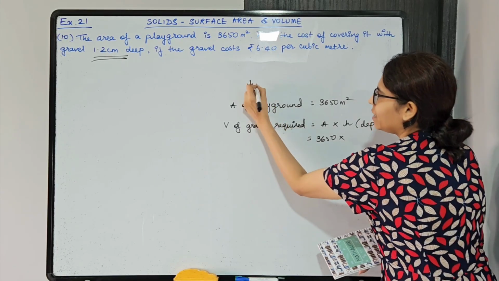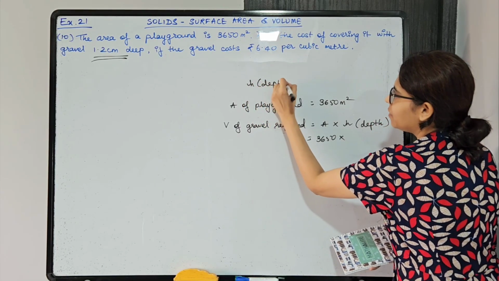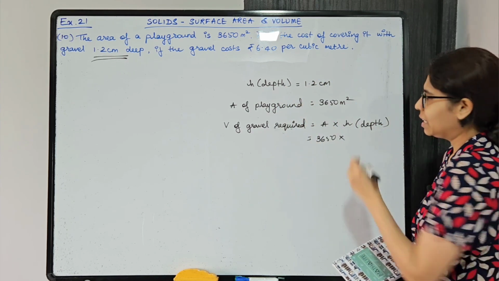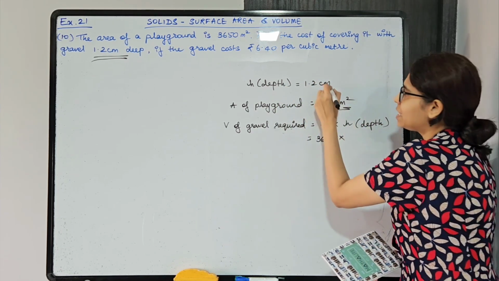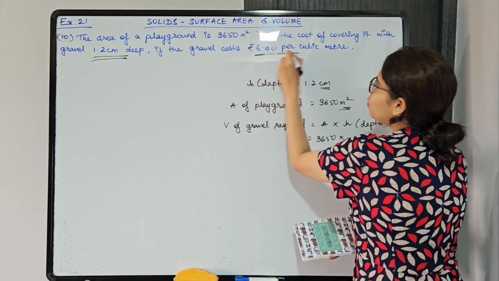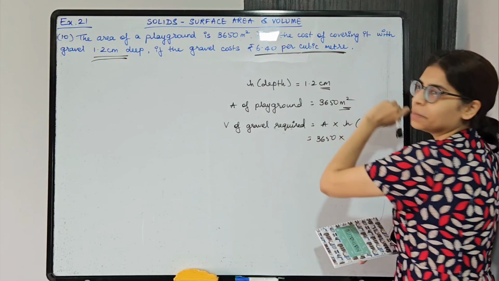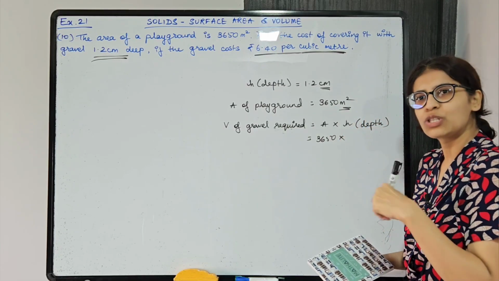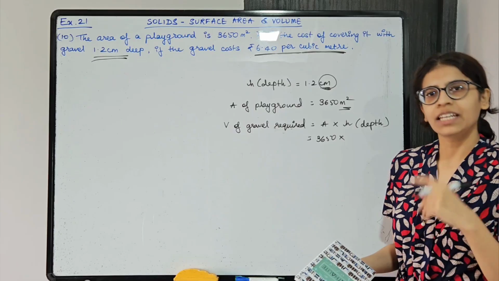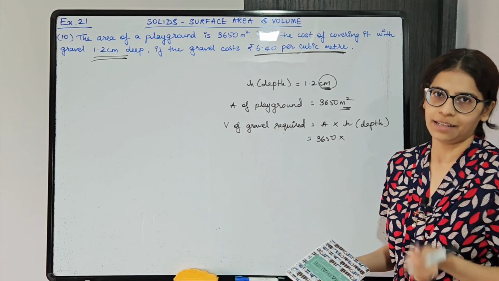The height or depth is given in centimeter. This is in square meter, this is in centimeter. Cost of graveling is also per cubic meter. So you need to convert this to meter. If you don't convert, the answer will be wrong.